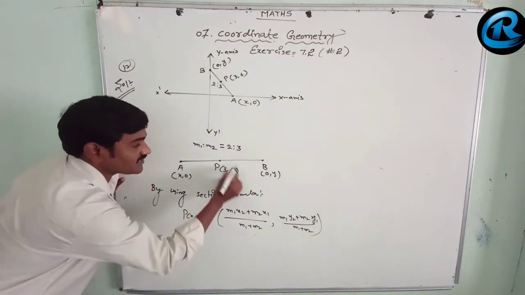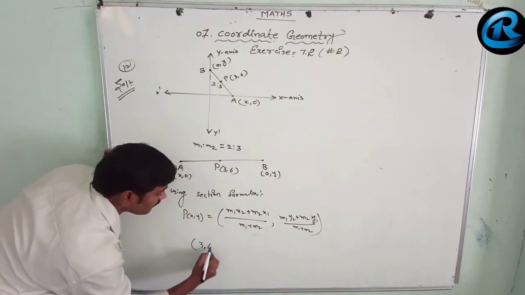So here P(x, y) is already given as (3, 6).